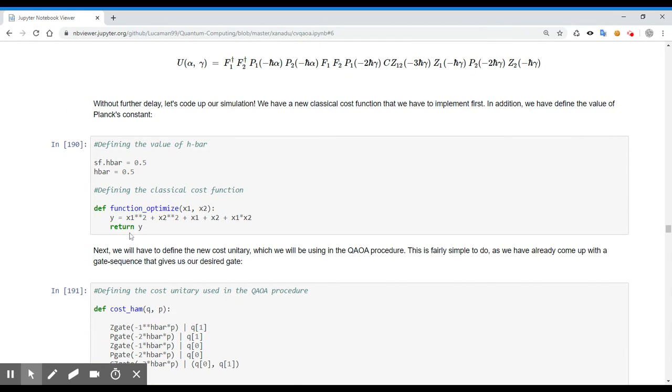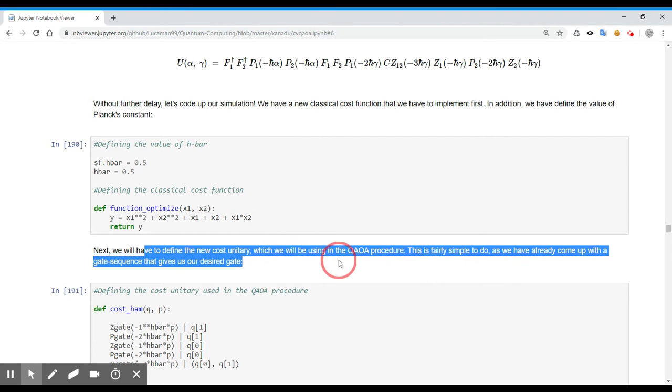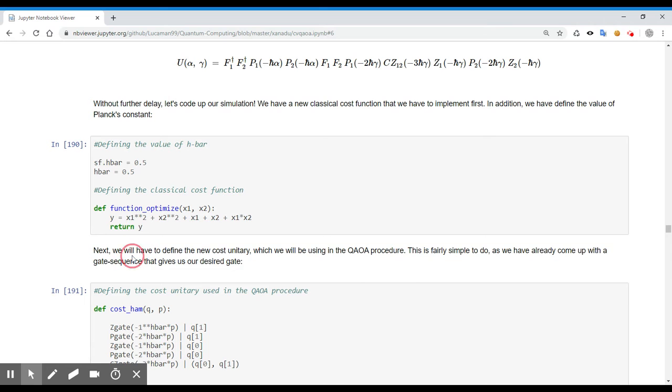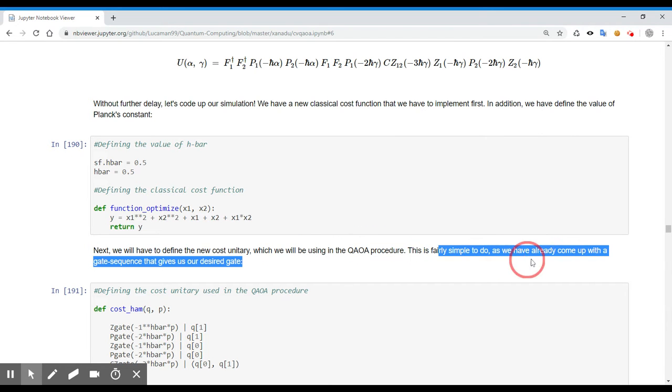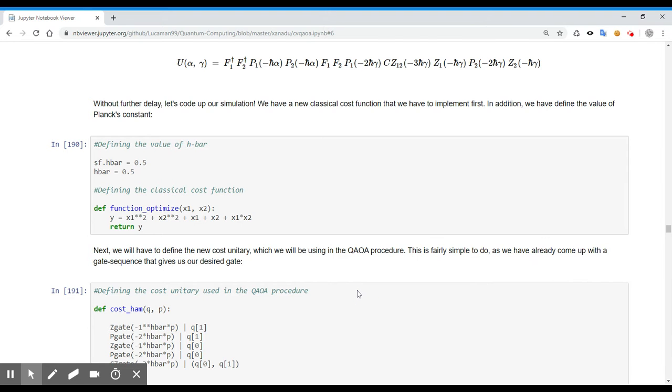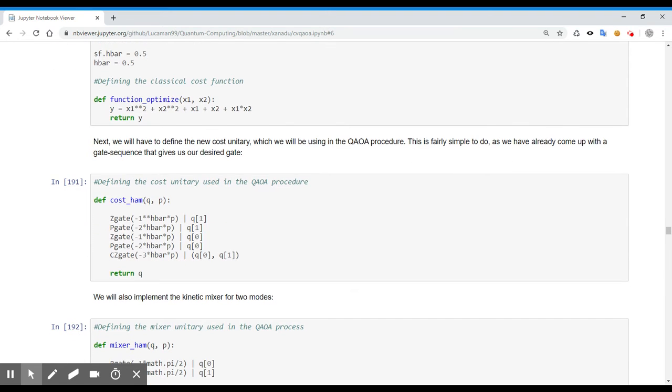Okay, so now we've got our function, it's a different one. Now we have to define the new cost unitary, which we'll be using in the QAOA procedure. This is fairly simple to do, as we have already come up with a gate sequence that gives us our desired gate: Z gate, P gate, Z gate, P gate, control Z gate.